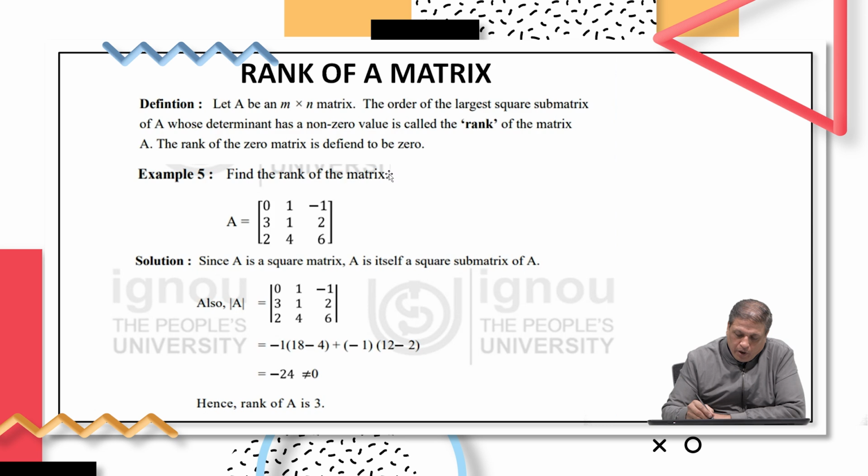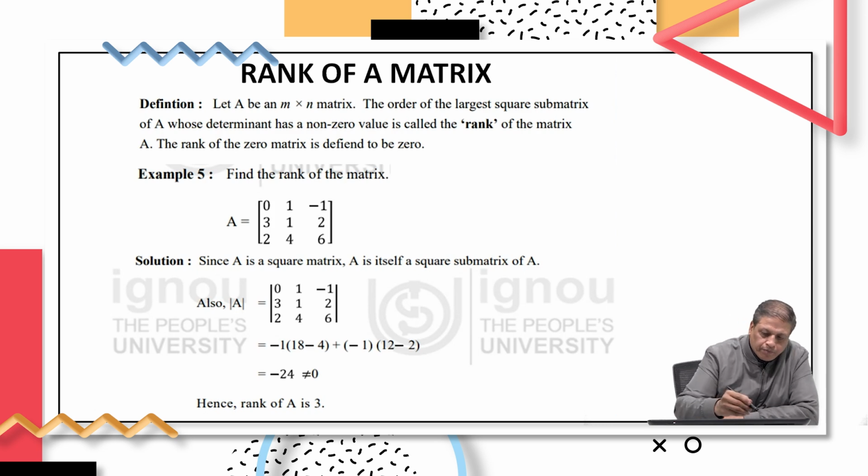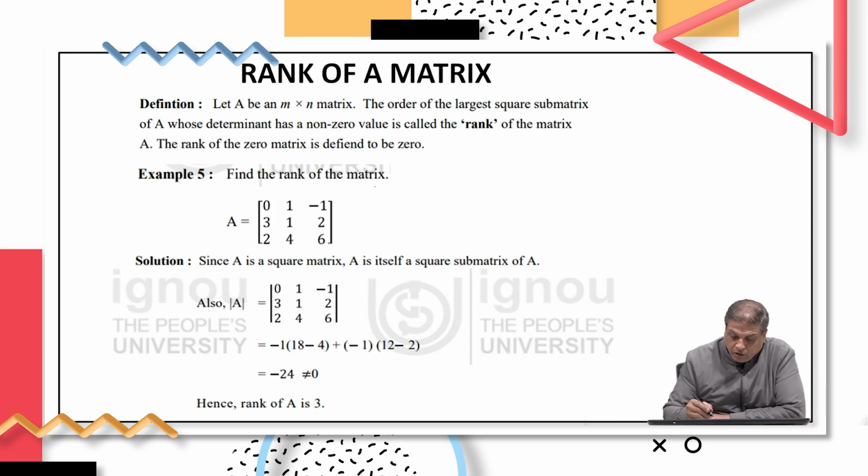We are required to find the rank of the matrix A, with rows 0 1 minus 1, 3 1 2, and 2 4 6. Let us calculate its determinant.